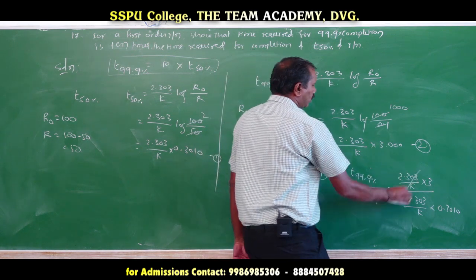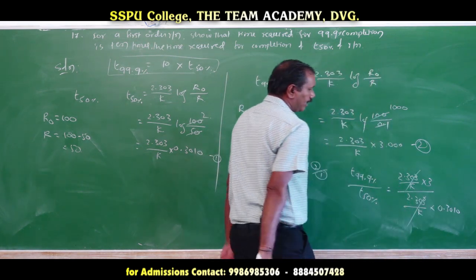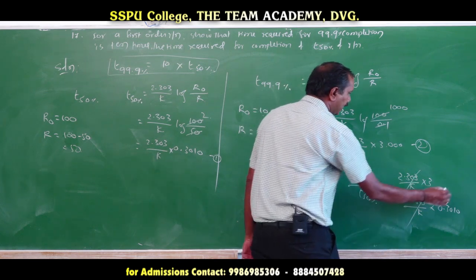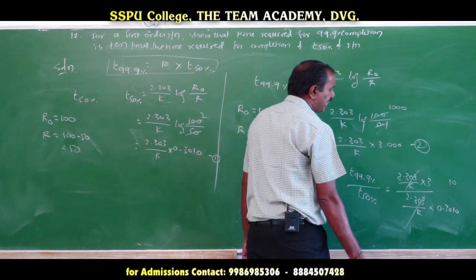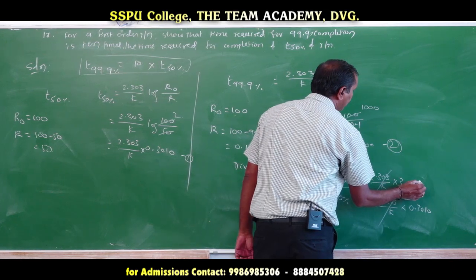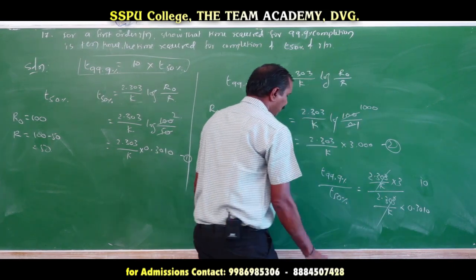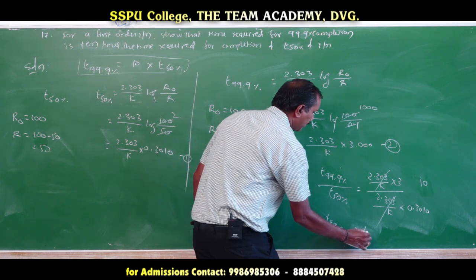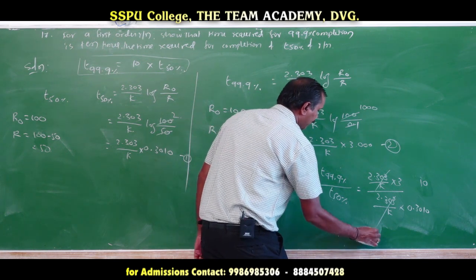So 2.303 by K cancelled, 3 by 0.3, nearly it becomes 10. Okay? 9.9999, nothing but what? It should be 10. So T 99.9% is equal to 10 times of T 50%.